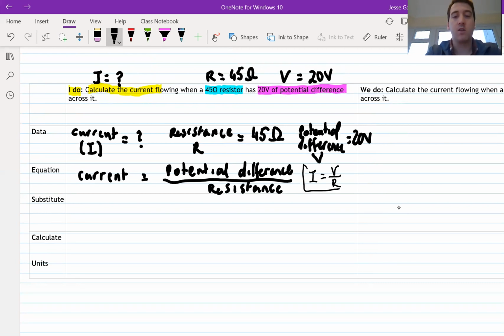From now on, I'm going to use this shortened version, but know that I'm just using the symbols instead of the longer words.